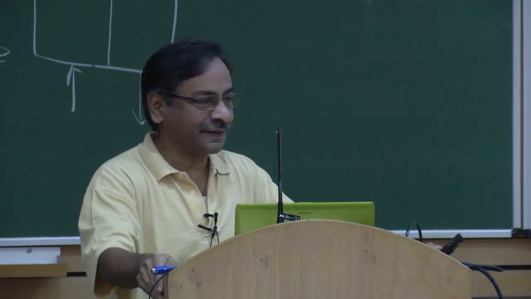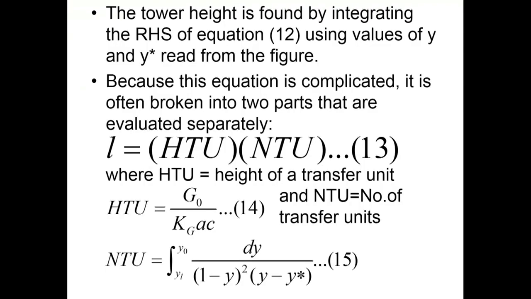So for an efficient packed tower, which may depend on the equipment features including the area, we will have a small height of transfer unit. kG a, that's in particular the focus, which in terms of operation will mean you have that area and the existing aerodynamics, all that will be translated into an efficient packed tower leading to small height of transfer units.